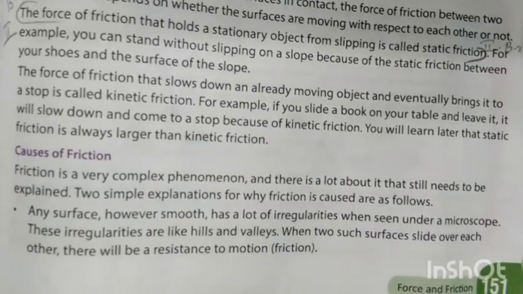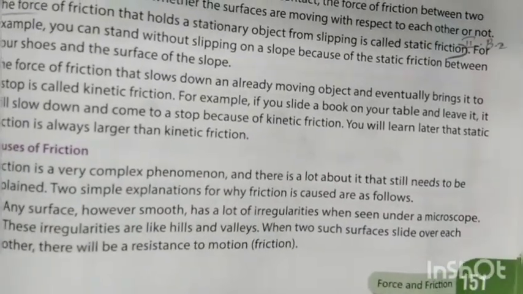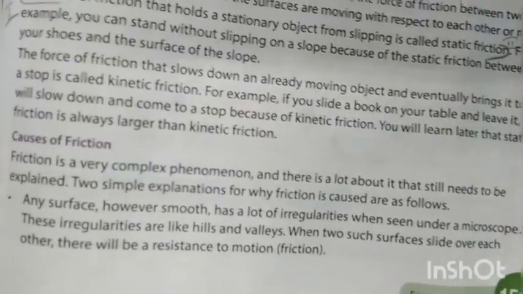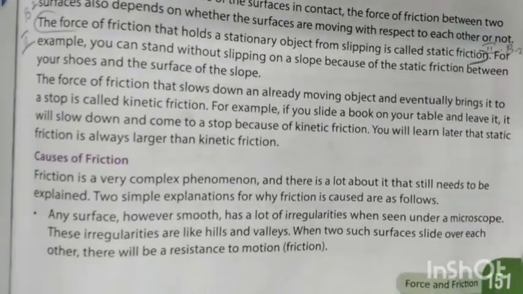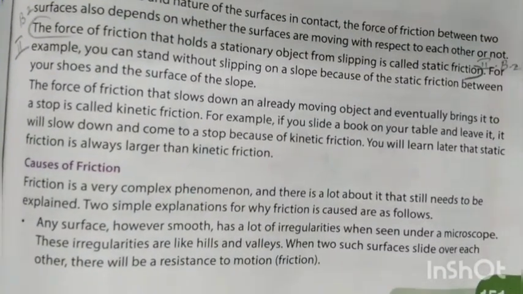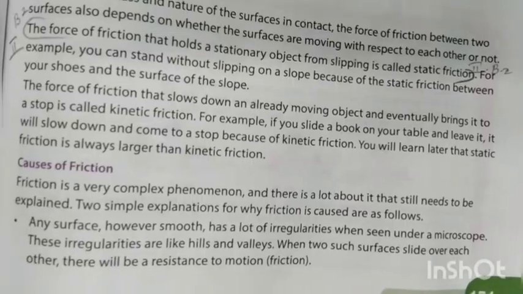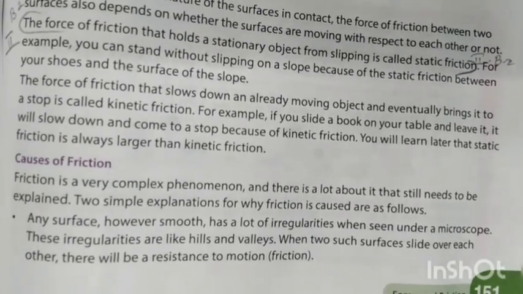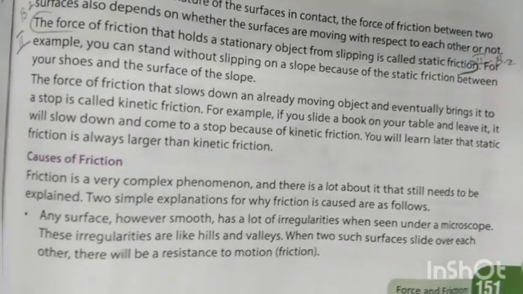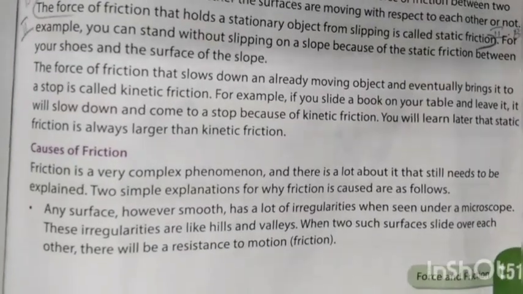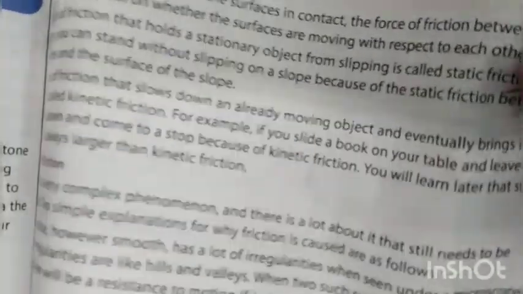Even if a surface is smooth, if you see that smooth surface through a microscope, you can see some ups and downs, that is hills and valleys, and a lot of irregularities. So, when these two surfaces slide over each other, there will be a resistance to motion, is it not? So, that is the first factor.